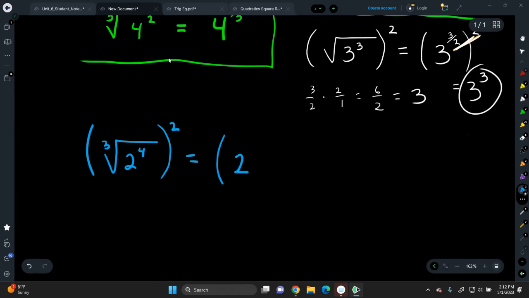So that will be 2 to what power? 4 over 3. Good. To the second power. When we have exponents outside the parentheses like that, we multiply. So we're going to do 4/3 times 2 over 1. And what does that equal? 8 over 3. So this is going to be 2 to the power of 8 over 3.